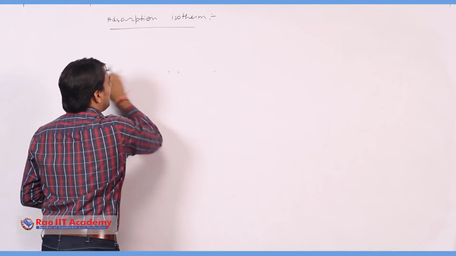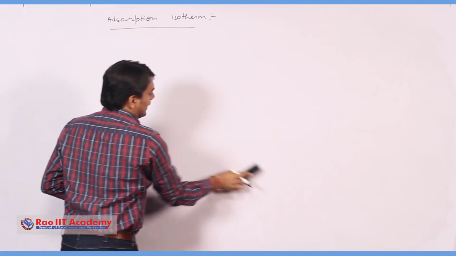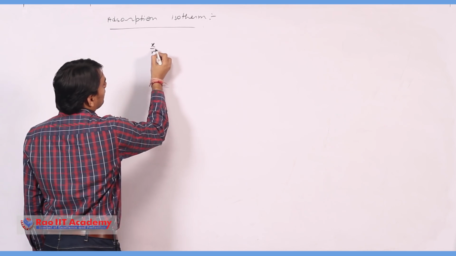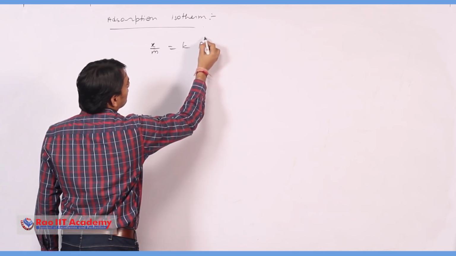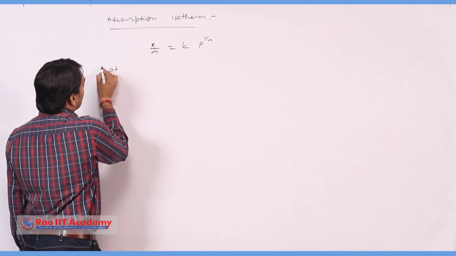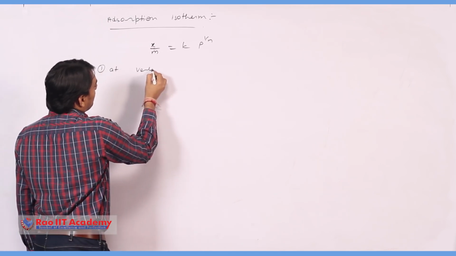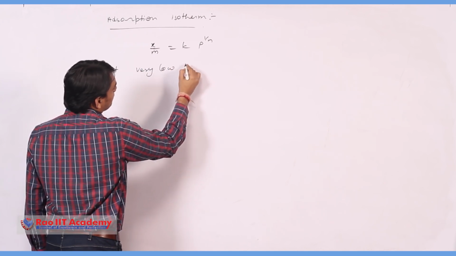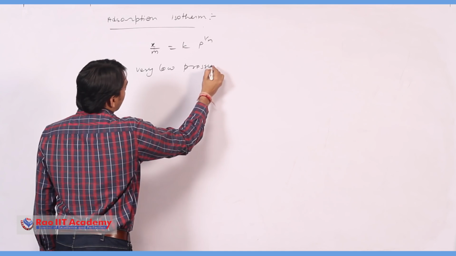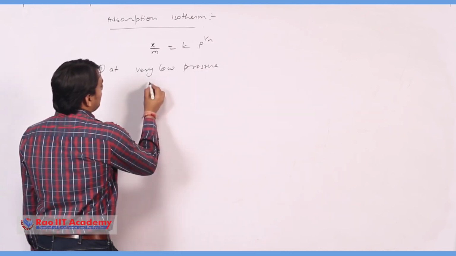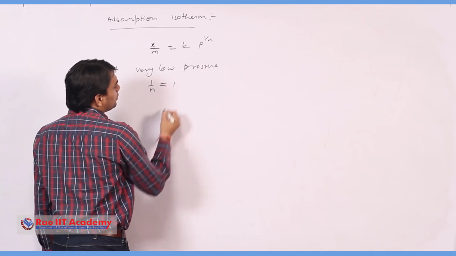Now, how does this isotherm work at different pressures. So, x by m is K P raised to 1 by n. At very low pressure, the value of 1 by n is found to be 1.